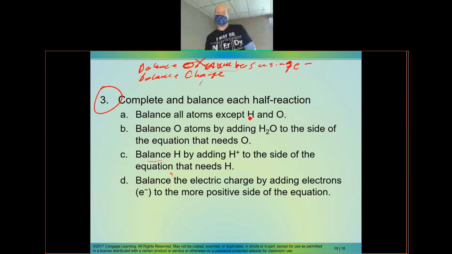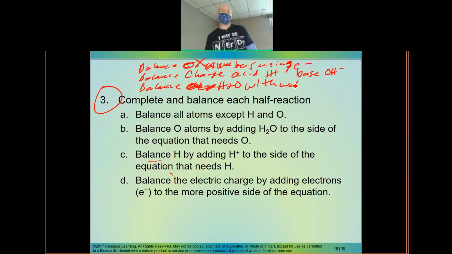Not in this method. You balance the charge. If it's acid, you balance it using H plus. If it's base, you balance it using OH minus. And then finally, you balance your hydrogens and oxygens with water. All right, electrons, overall charge, and then H's and O's.